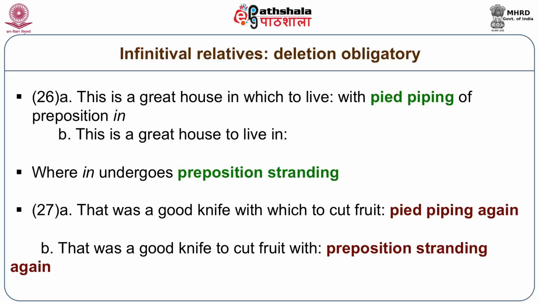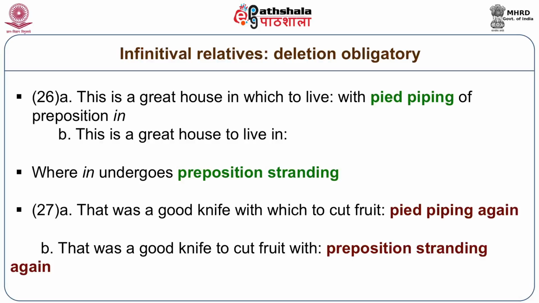You have to delete the relative pronoun in these constructions which carry the infinitive in the downstairs clause. This deletion, however, is only up to recoverability. What does that mean? That means you don't delete non-recoverable elements. How do you know this? You know this because in these structures, if there is a preposition, the preposition does not get deleted.